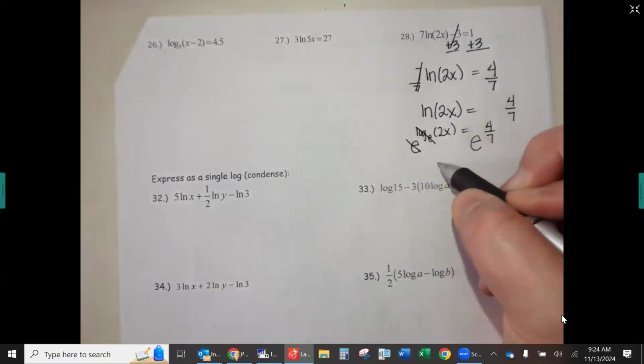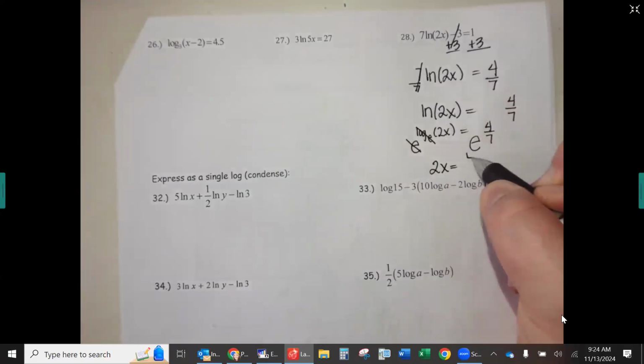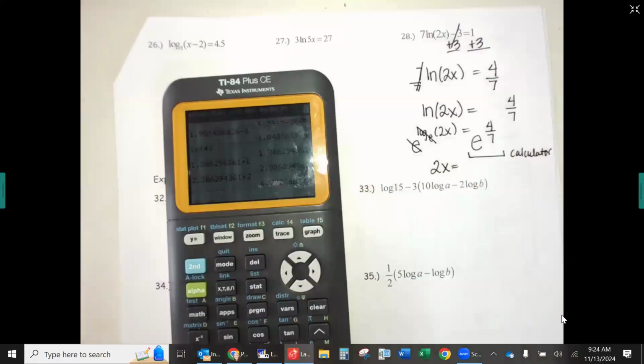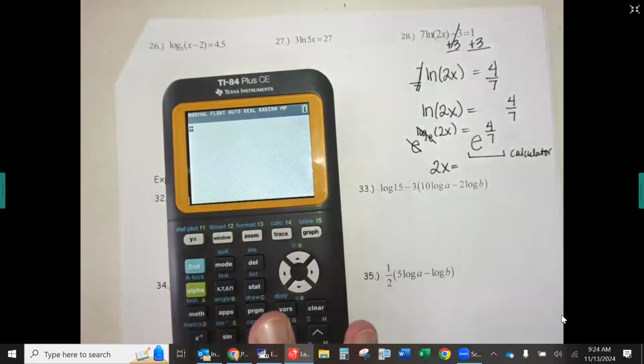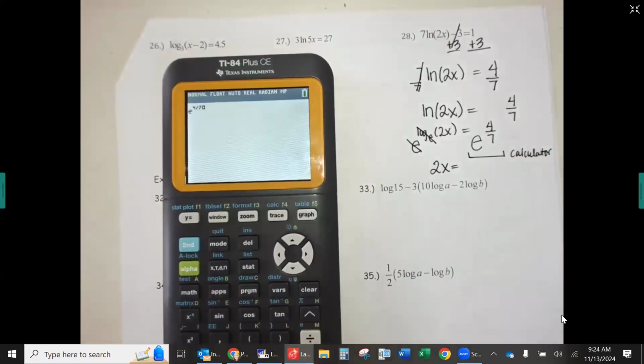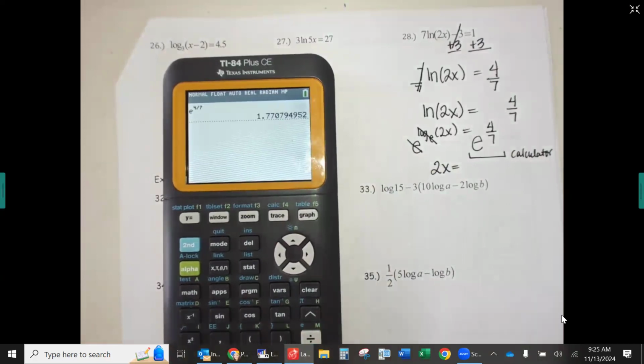So I'm going to have 2x equals, and then we're putting this into the calculator. Okay, in the calculator, to get the E, you're going to hit second ln. Okay, they're the same button, but you just have to push second on it first. And then we'll put 4 divided by 7 in the exponent. If you want to use the fancy fraction, you can, but you don't have to. As long as you put 4 divided by 7, you should get the right answer.